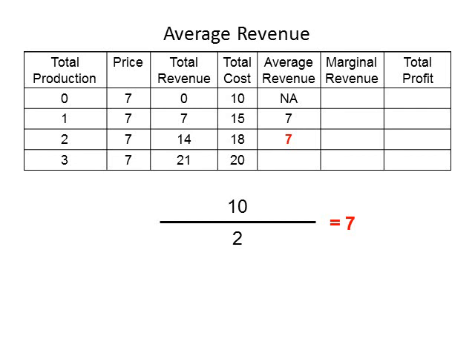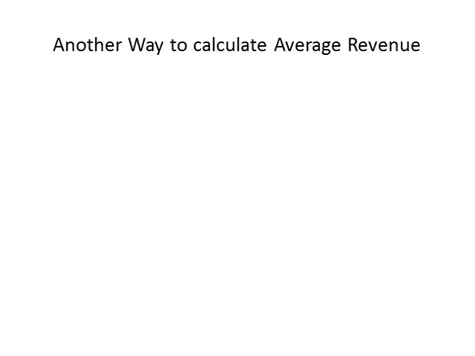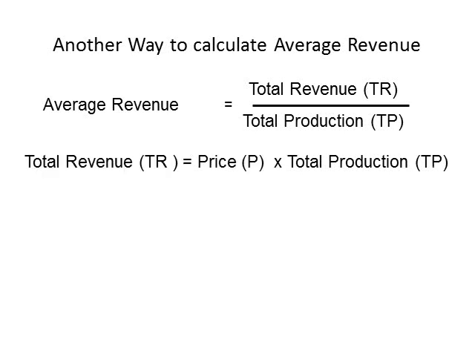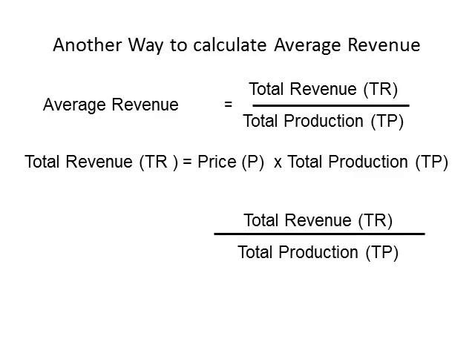Let's look at a simpler way to calculate the average revenue. As you may remember, the average revenue is equal to the total revenue divided by total production. Total revenue is defined as being price times total production. This means in the formula we can replace total revenue with price times total production.